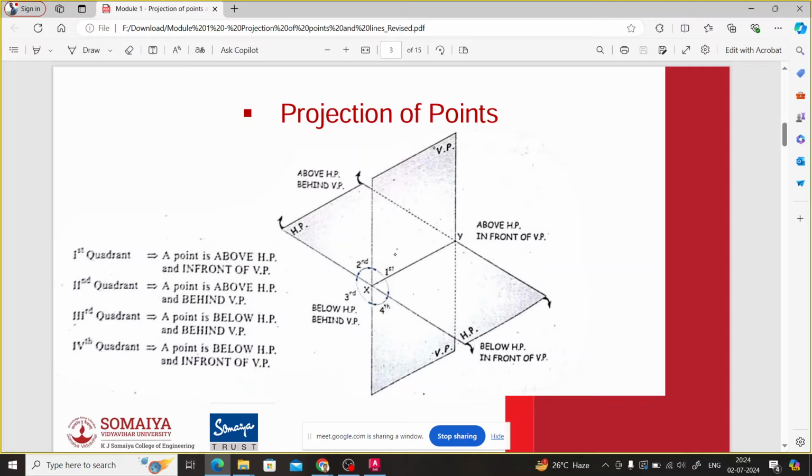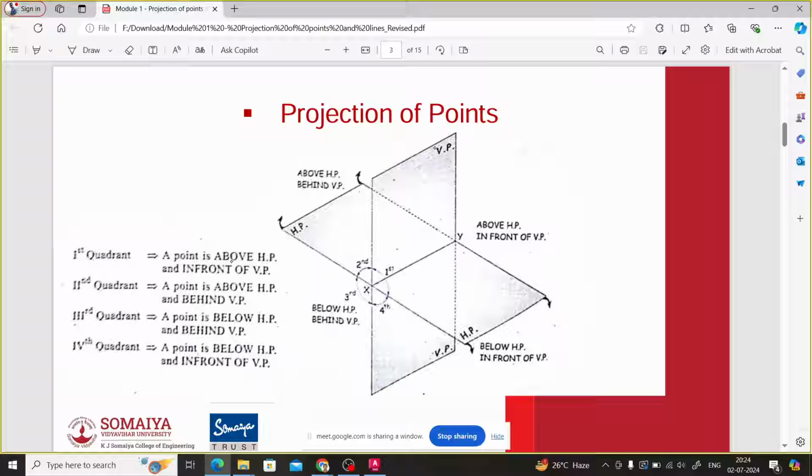Now, whenever we read any question, we need to locate the point or line in which quadrant it is. I have written some of the peculiarities of the first, second, third, and fourth quadrants. We will study them one by one.